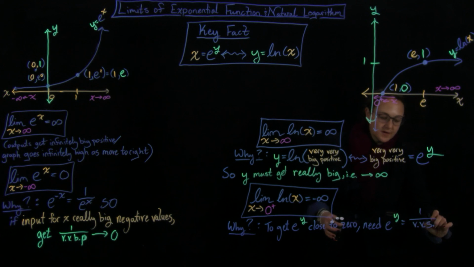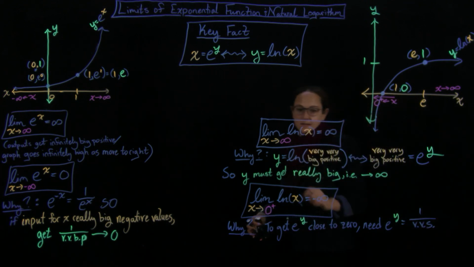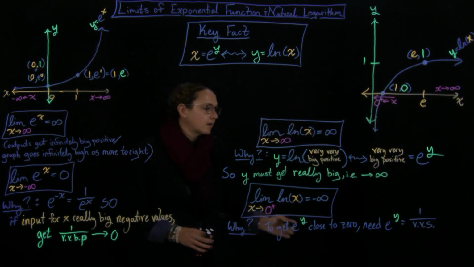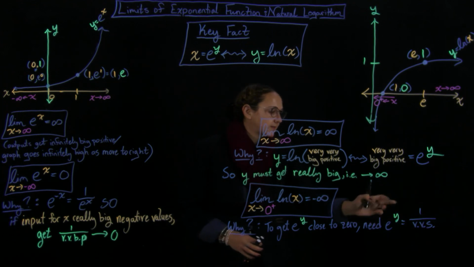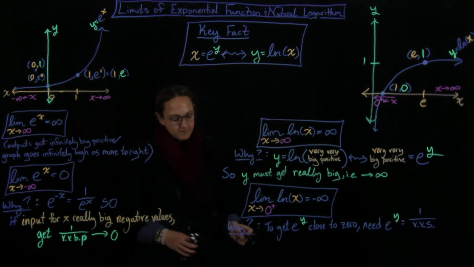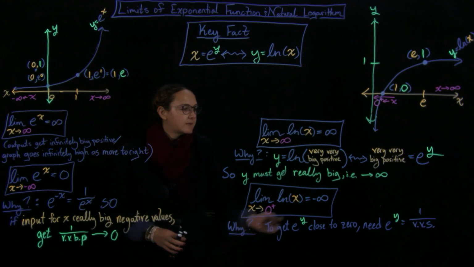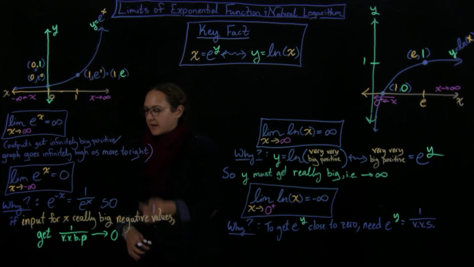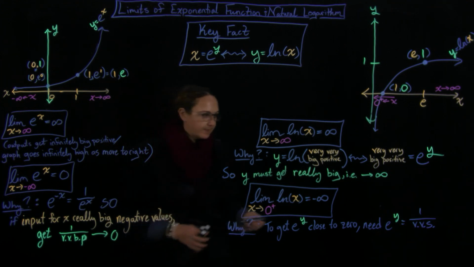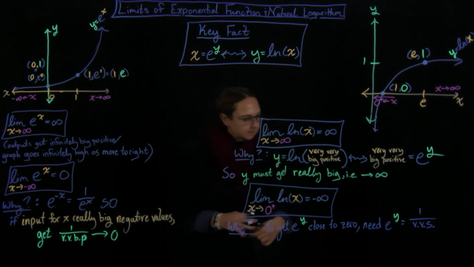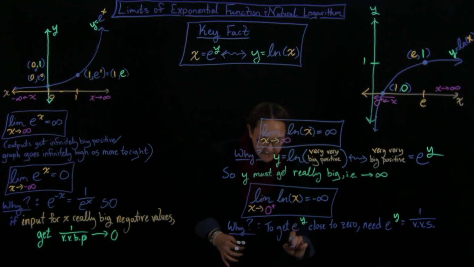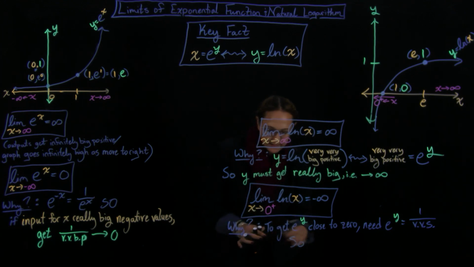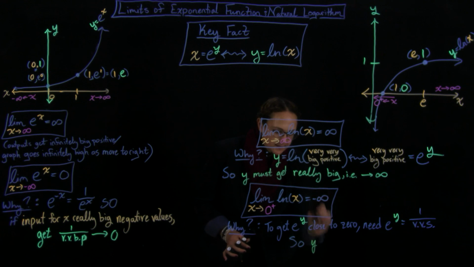It doesn't matter whether it's positive or negative, so I'll just write that. So that's how we make this close to 0, is that this ends up equaling 1 over something very, very small. Well, how do we do that? We need that y is negative and big, which is kind of the pairing of what's going on over here. So we have that y goes to negative infinity, which is what gives me that.